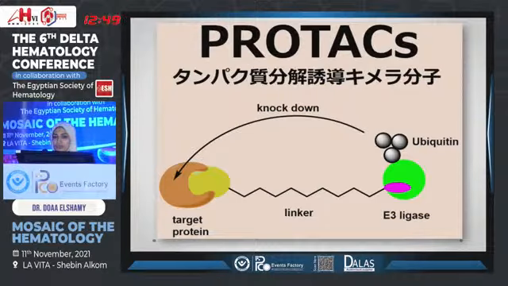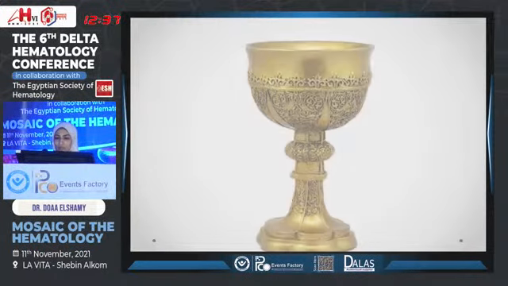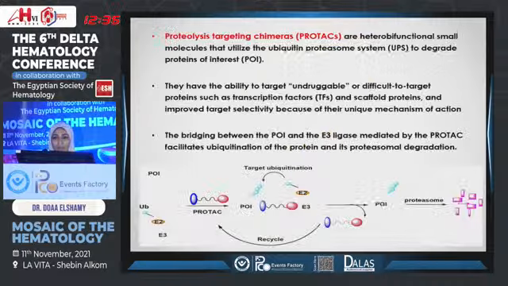This linker is called PROTACs, which bind between the protein of interest and the ubiquitin E3 ligase, enhancing this protein of interest degradation. This is our holy grail for hematologic malignancies. So the proteolysis targeting chimeras are heterobifunctional small molecules that utilize the ubiquitin proteasomal system to degrade the protein of interest.